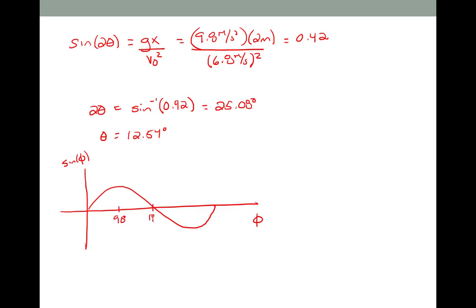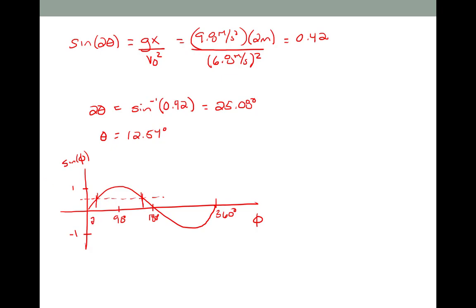This would be 180, and this would be 360, and it runs between a maximum of 1 and a minimum of -1. Okay, I have sine of, if you will, phi, 2 theta equals 0.42. Well, that's about halfway in between. And notice there are two possible angles, one on either side of 90 degrees, where that statement is true.